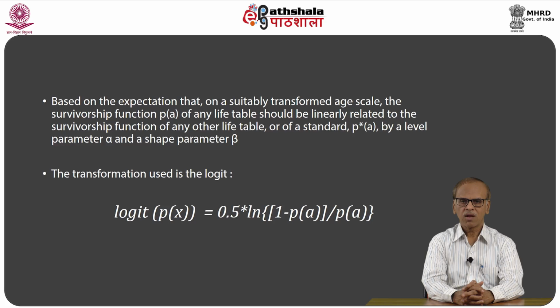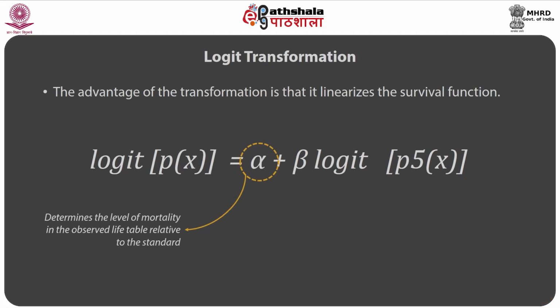The equation is Logit Px equals 0.5 multiplied by ln of (1 minus Px) divided by Px. The advantage of the transformation is that it linearizes the survivor function Px.